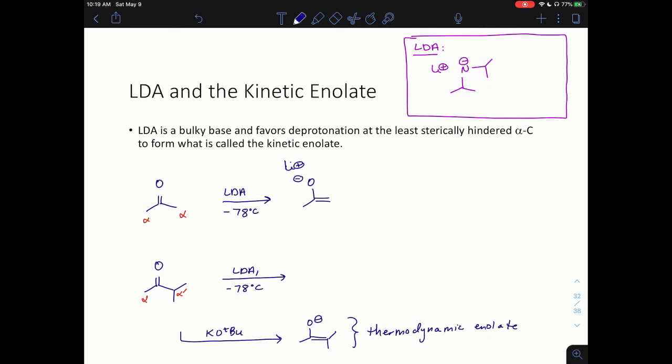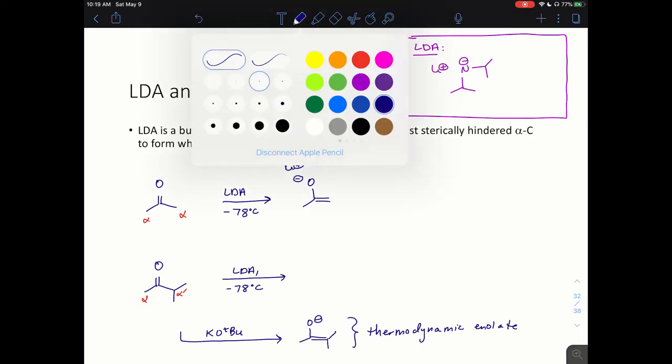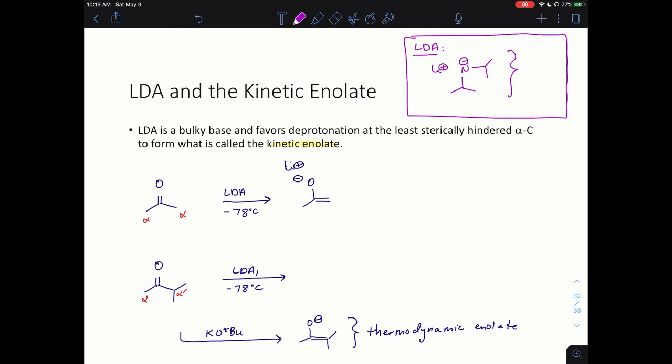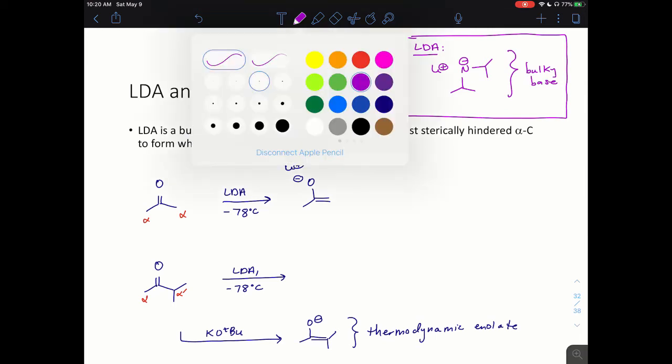For LDA, you actually observe what's called the kinetic enolate. And that is because LDA is bulky. It has those two large isopropyl groups on it. It is a bulky base.